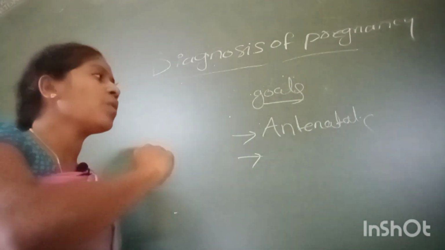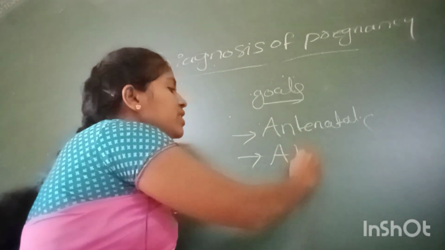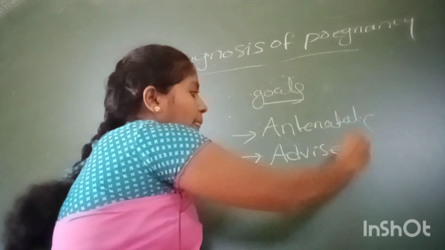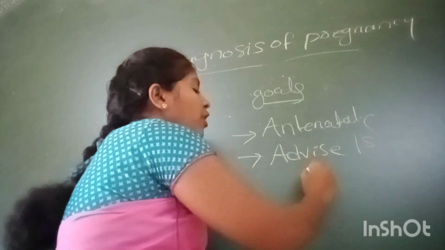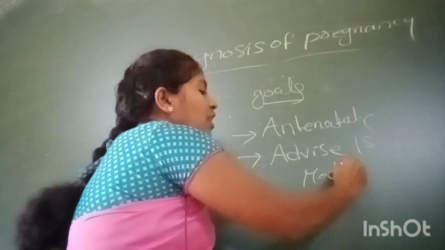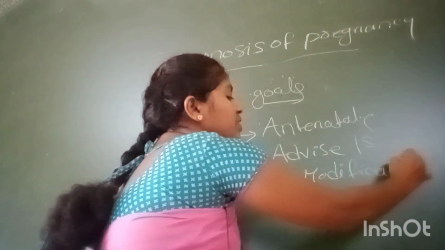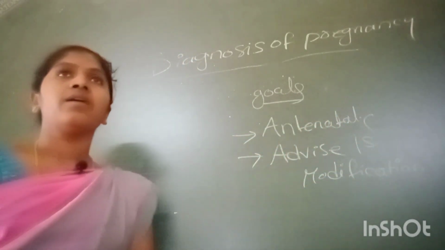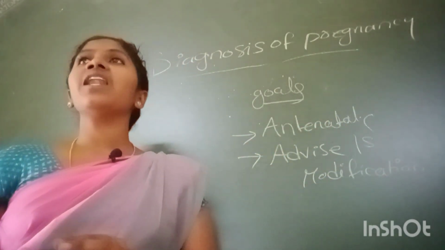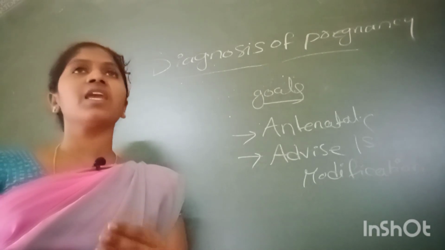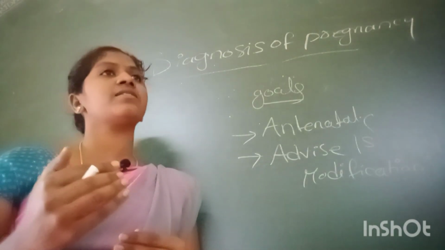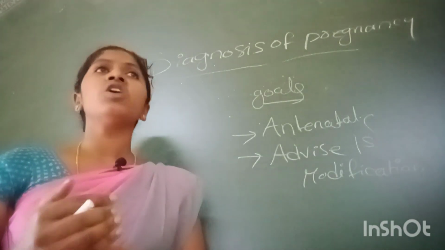And the next one is to advise lifestyle modification. Why is lifestyle modification required? What do you mean by lifestyle modification? In our India, there are fewer cases of alcoholism and smoking.